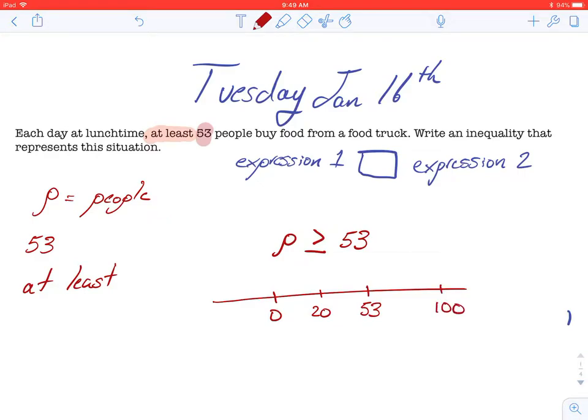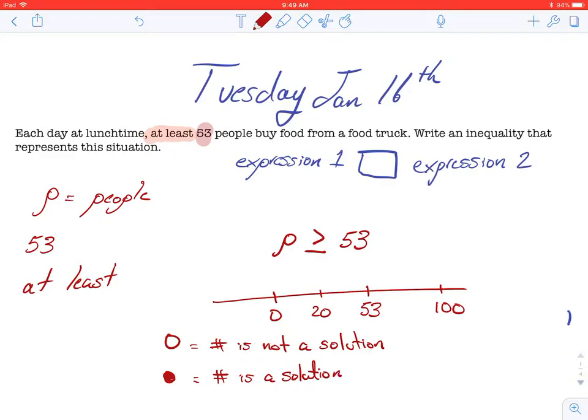So I need to determine now, am I going to use a closed circle or an open circle, and then in what direction is my arrow going to go on the number line? Just as a reminder, an open circle means that the number is not part of the solution. The number is not a solution. And then a closed circle means that the number is a solution.